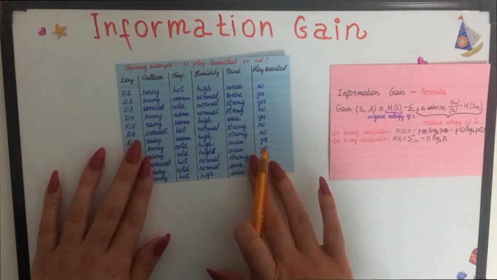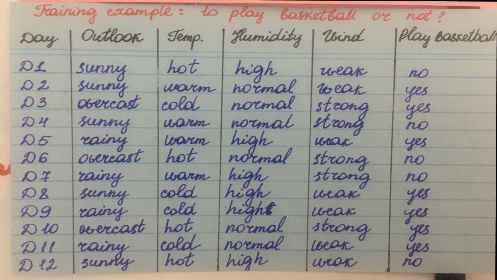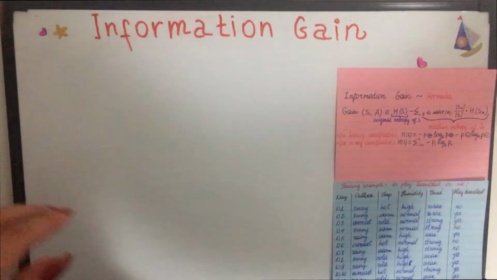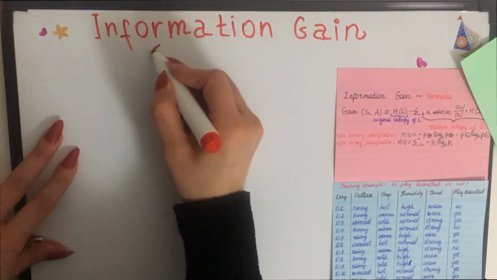So this is our table. In this training example, we're gonna find out whether to play basketball or not, just to decide. Here you see the days, outlook, temperature, humidity, wind, and what we're gonna find information gain for: to play basketball or not.